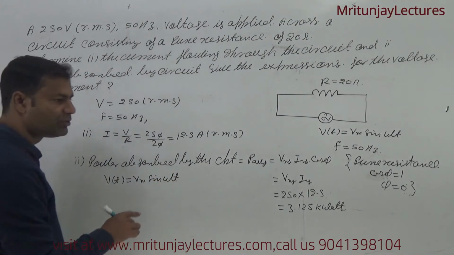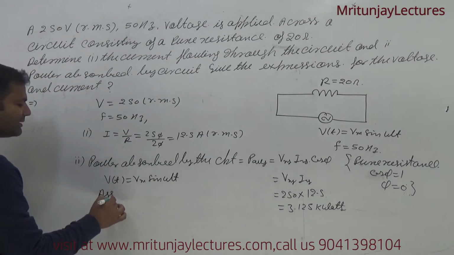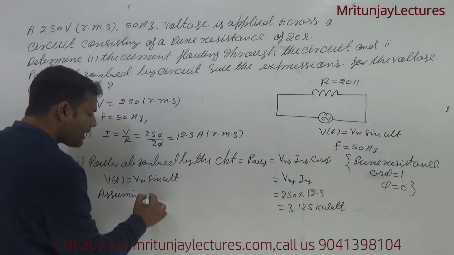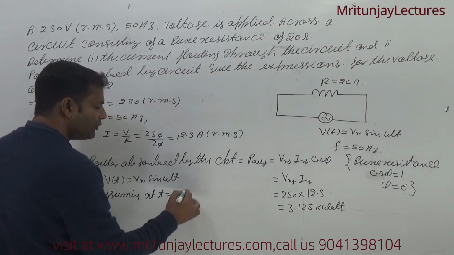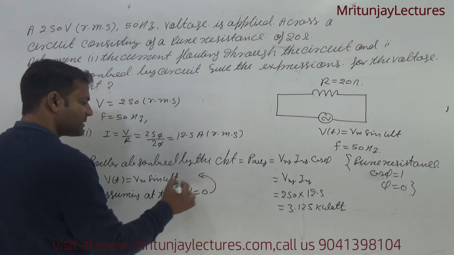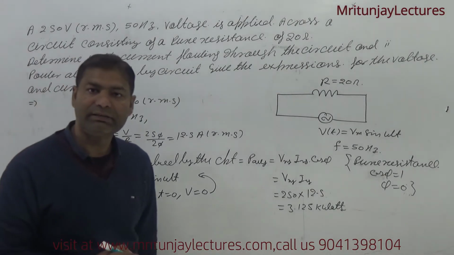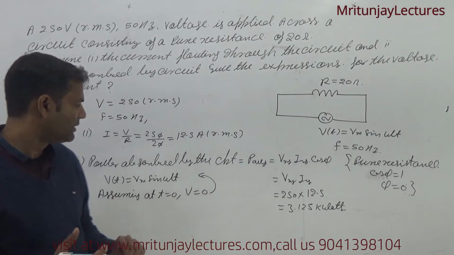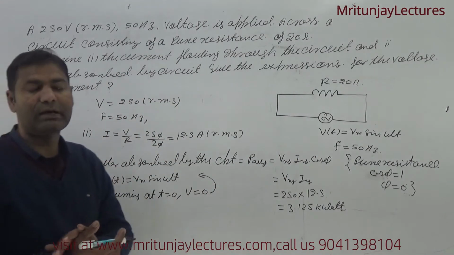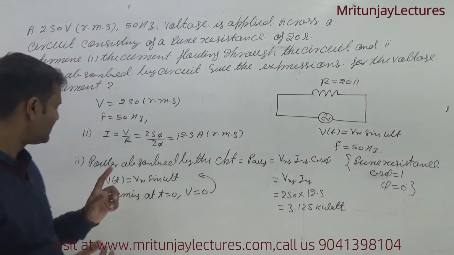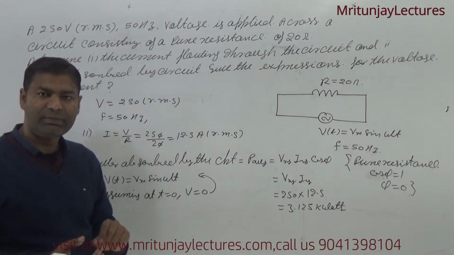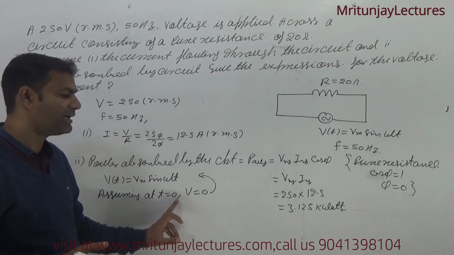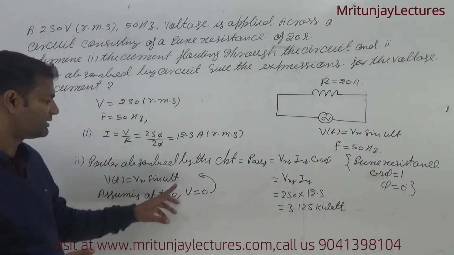This expression is possible when we assume that at t equal to 0, V equals 0. Otherwise, the expression would be Vm sin(omega t plus or minus phi). Since no previous condition is given, we have written Vt equals Vm sin omega t, which is only possible when we assume that at t equal to 0, V equals 0.